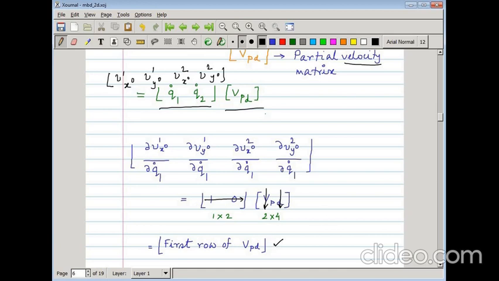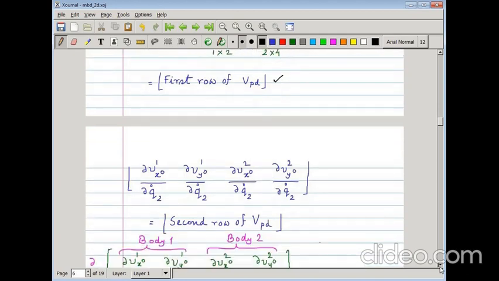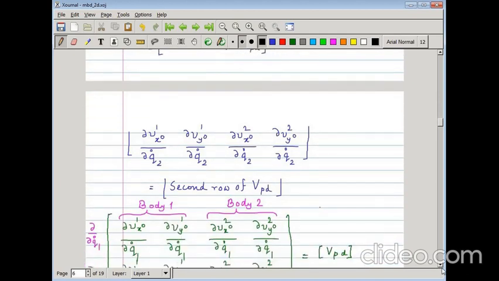And if you take the derivative with respect to q2 dot, then what happens? The derivative of q1 dot and q2 dot will become, this will become 0 and this will become 1. So only the second row of VPD remains.